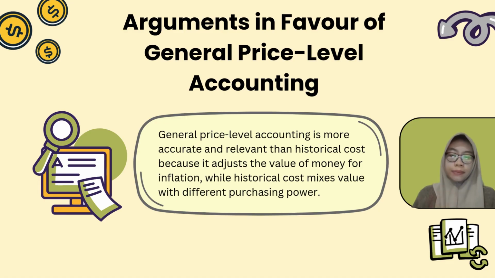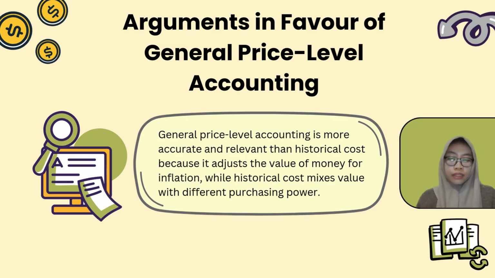Arguments in favor of general price level accounting. Financial statements that are not adjusted for changes in the general price level report assets and claims in dollars with different purchasing power, making the information less accurate and harder to compare. Historical cost accounting often misstates revenue by matching income and expenses from different periods without considering inflation.